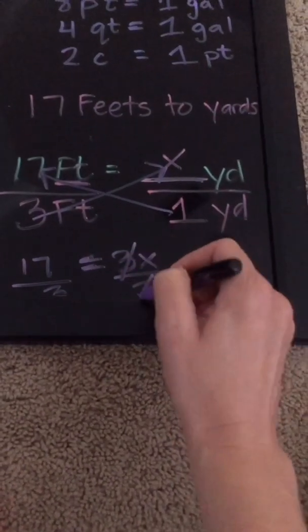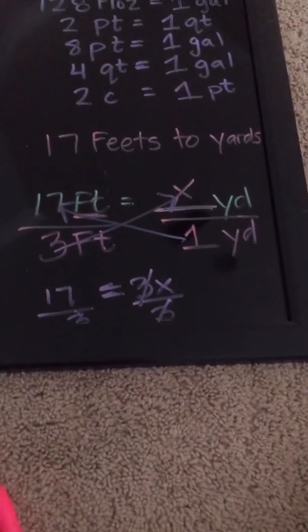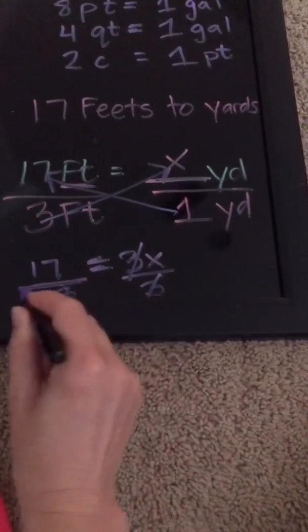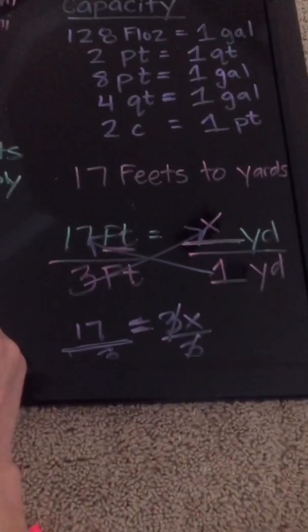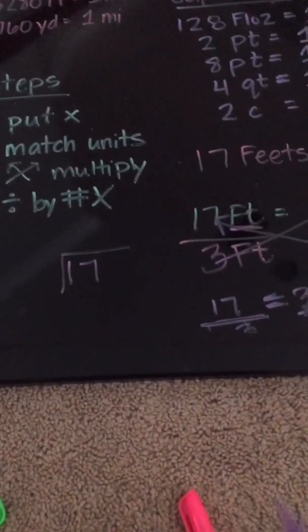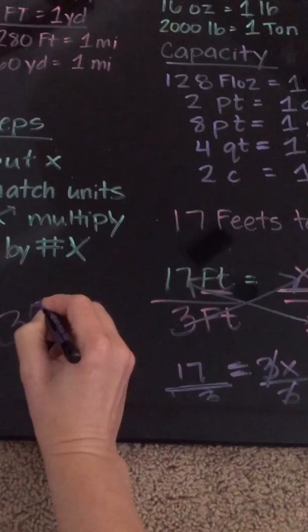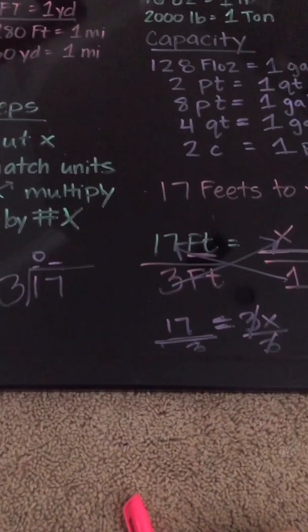So these cancel, leaving me with X. So now I need to divide 17, because we know fractions are just division problems. So this fraction bar means to divide. I'm going to take 17, because it's my top number, put it in the house and divide by 3. 3 cannot go into 1, so I put a 0. 3 can go into 17.